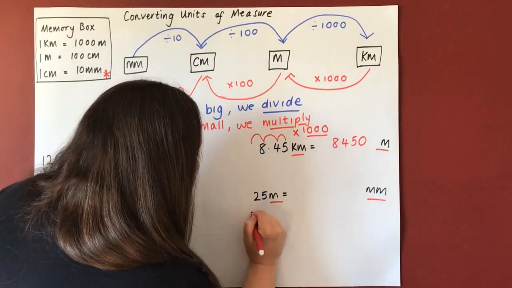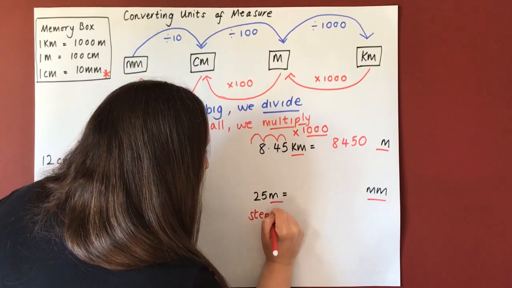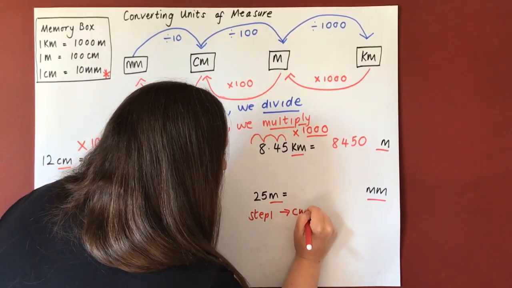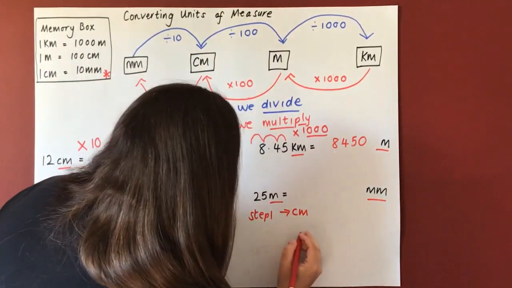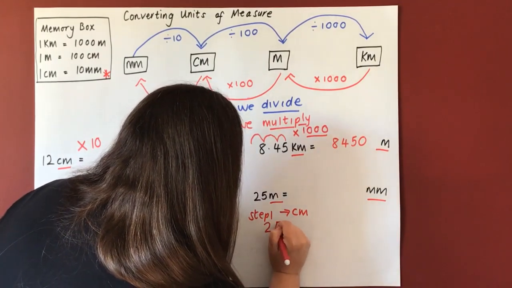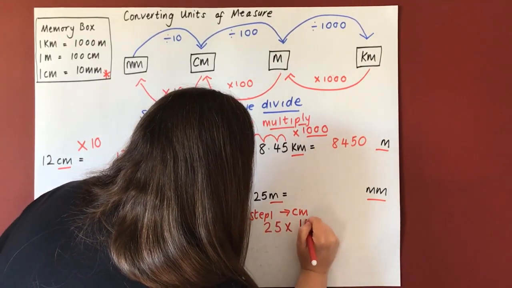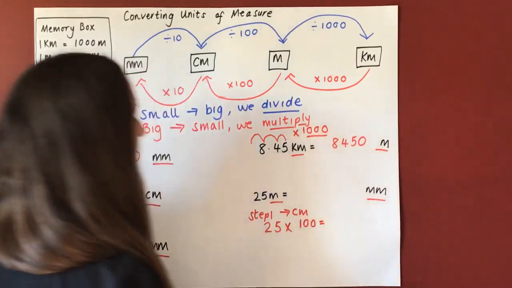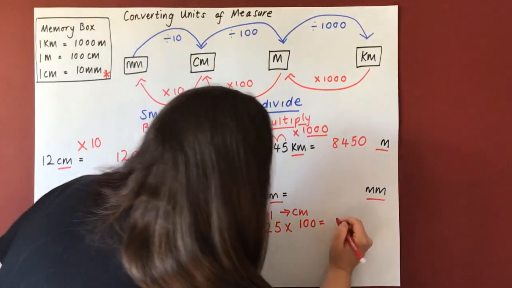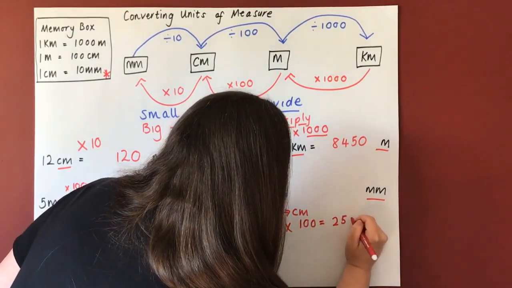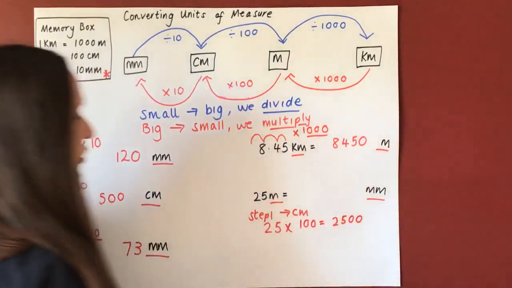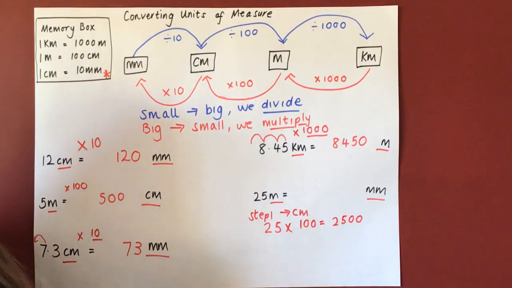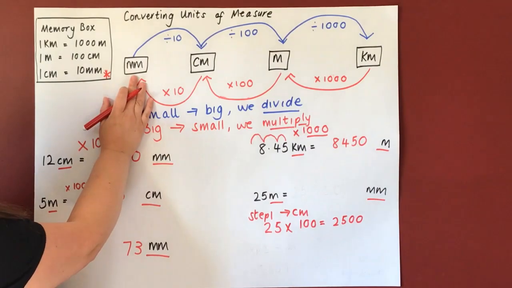So, step 1, we need to get to centimetres first. We have 25 times by 100, very simple place value. Our answer then is 2,500. So we've got our centimetres, but clearly we need to get to millimetres.